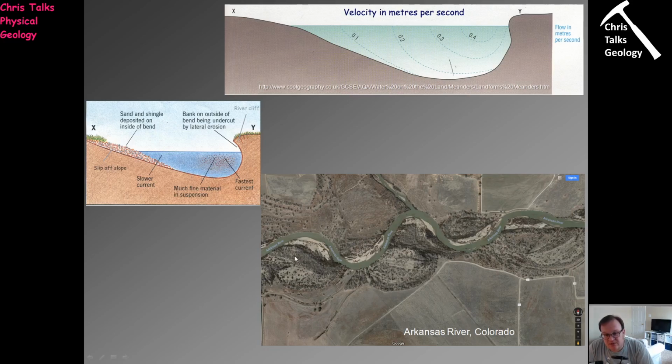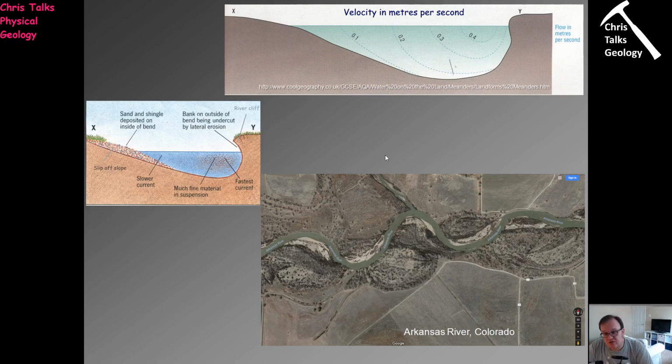So if we look at this photograph down here of the Arkansas River in Colorado, what can we see? Well, look at the insides of these meanders here, here, here, here, here, and here. You can see this area has this yellowy cream material. This is fresh sediment that's being deposited in the core of the meander, and it hasn't been covered over by vegetation yet.